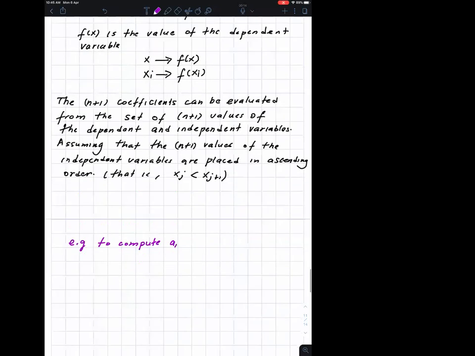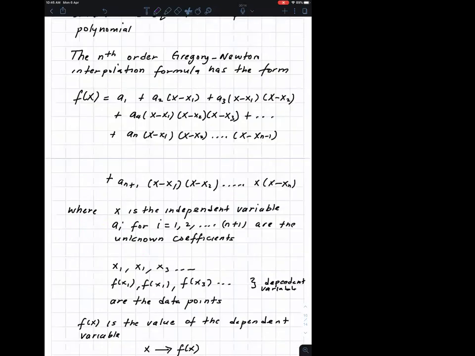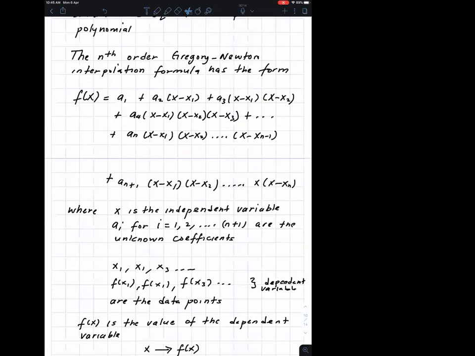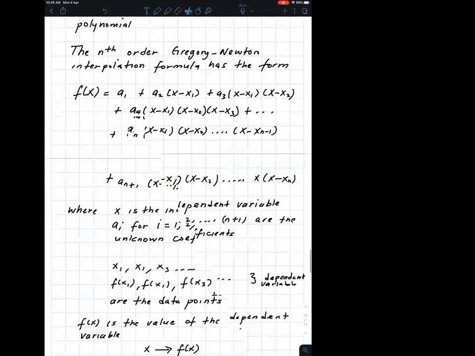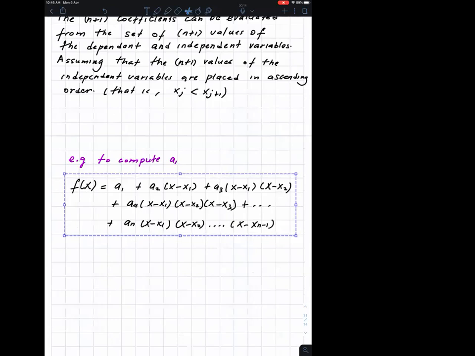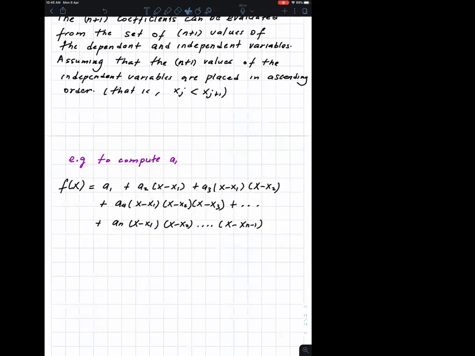Okay, so let's say if I want to compute, using this formula, compute A1. To compute A1, all we have to do, this is the A1 we are talking about.